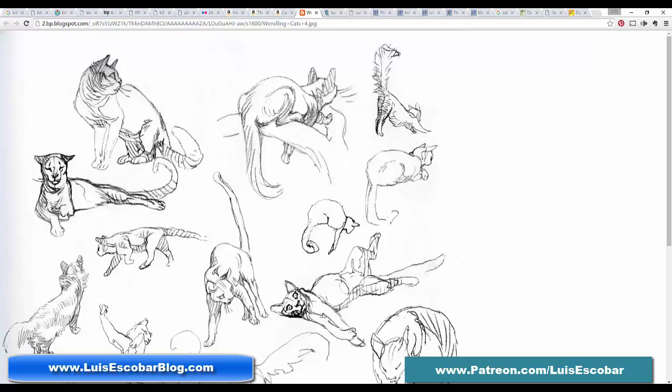This is actually not fur. This is a shadow. And this could be considered fur, but it's more like a shadow and an indication of form that just kind of tapers off here. This area here, that is absolutely fur. This is the only indication of fur in the entire drawing.